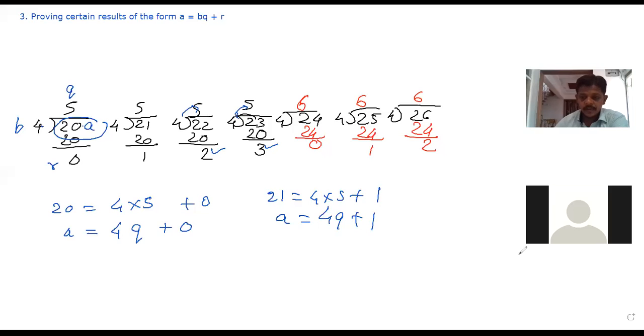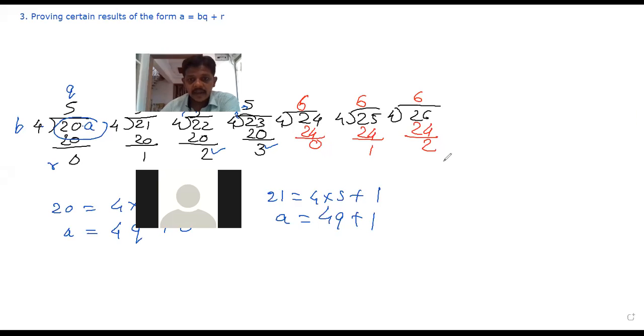Let me check for a bigger integer. Let us check 17,298 divided by 4. 4 4s are 16.